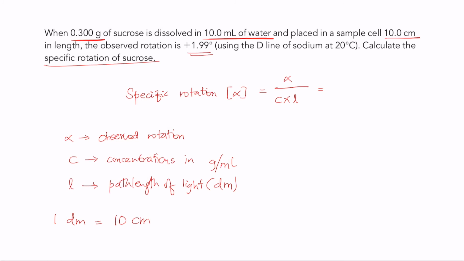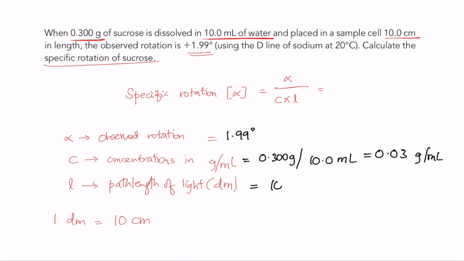Now note down the data that is given in the problem. The observed rotation is 1.99 degrees. The concentration in gram per ml is mass by volume, so the mass is 0.300 gram by 10 ml, which gives you 0.03 gram per ml.